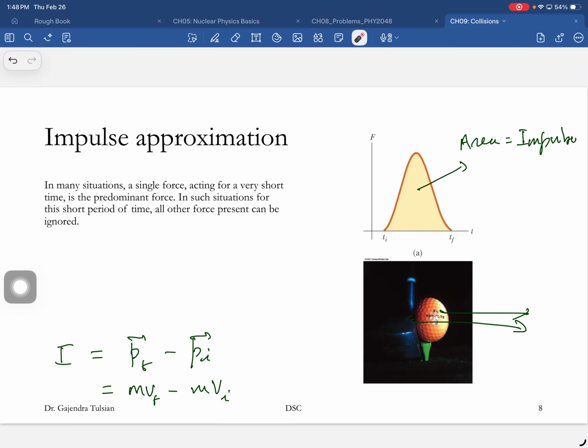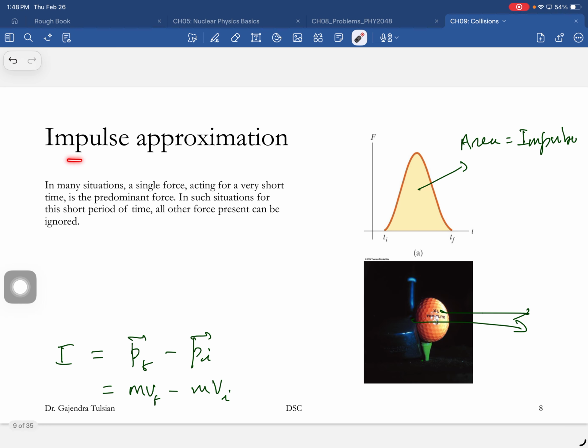Their impulse is greater, meaning their final velocity is greater, and the ball goes further. And not only that, they are able to apply a greater impulse with consistency.